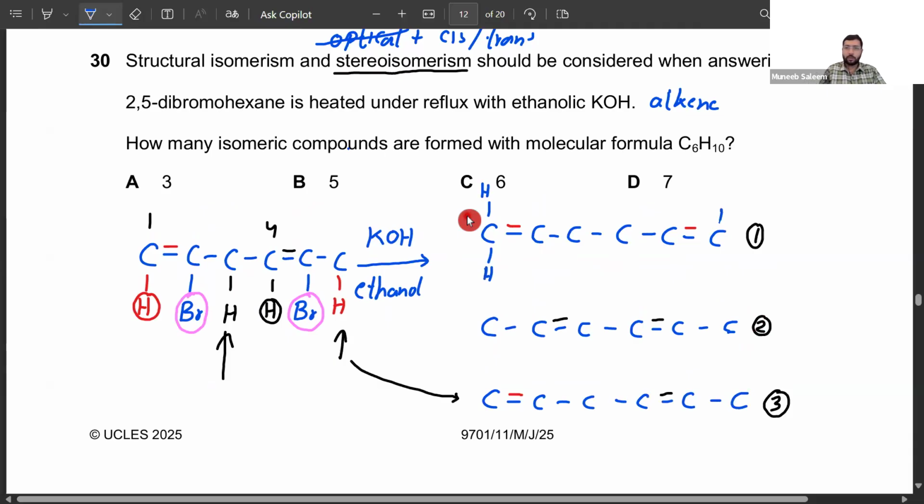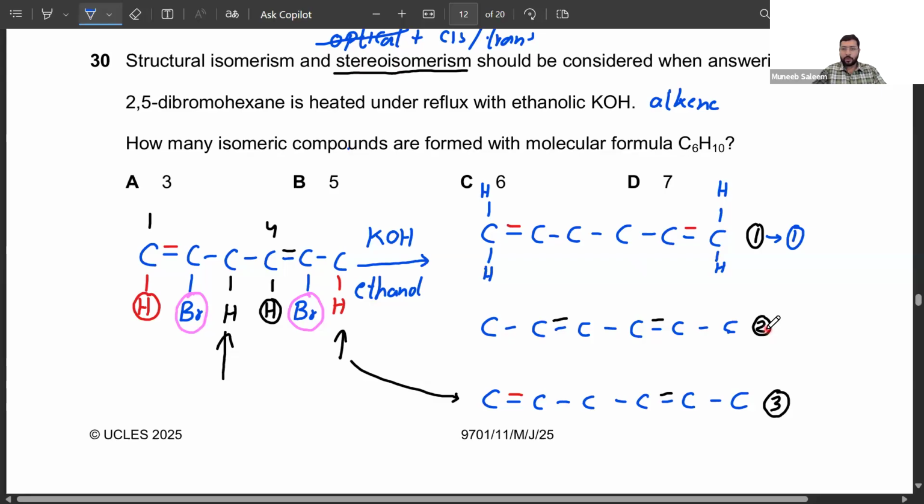Also, on this carbon, we have two hydrogen atoms. So there is no cis-trans here. So there is just one isomer form. I'm going to write that over here. There is one isomer. In total, I have only one isomer from here. So that's only one.